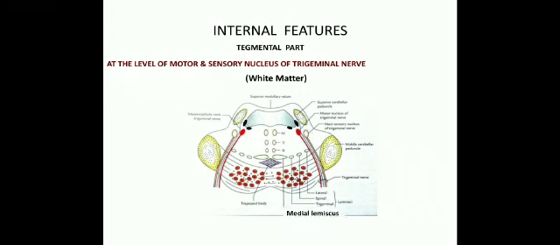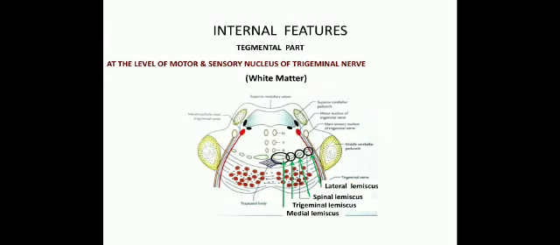the medial lemniscus. Here we can see the medial lemniscus, made up of a transverse band of fibers. From the medial to lateral side we have the medial lemniscus, then the trigeminal lemniscus, then the spinal lemniscus and the lateral lemniscus.